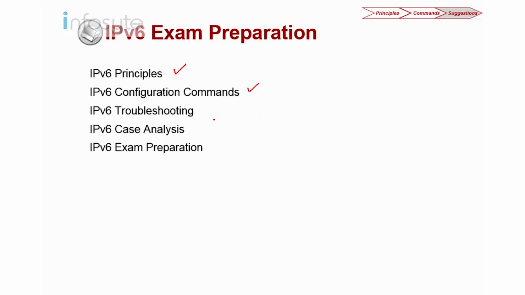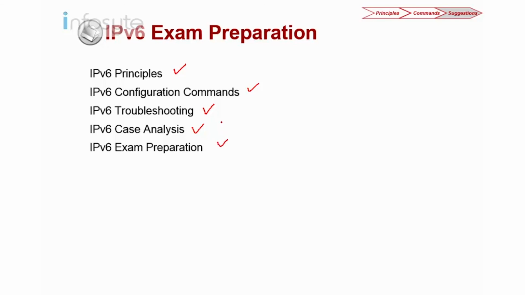Since the predominant is still IPv4, but I'm very sure that in future IPv6 will be very dominant, you also need to know about troubleshooting once you start in IPv6. I looked into the case analysis just now, where we configured the IPv6 address. We looked into RIPng, OSPFv3, IS-IS, BGP4+, and configuration of the tunnel.